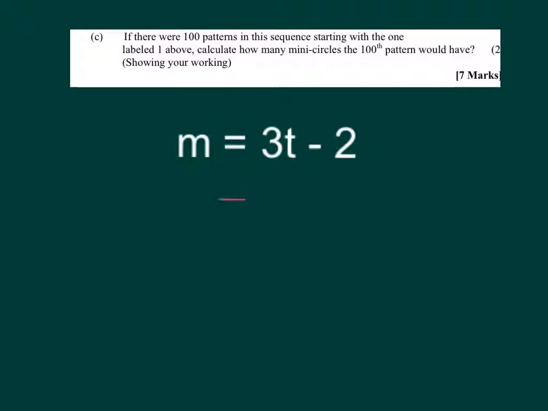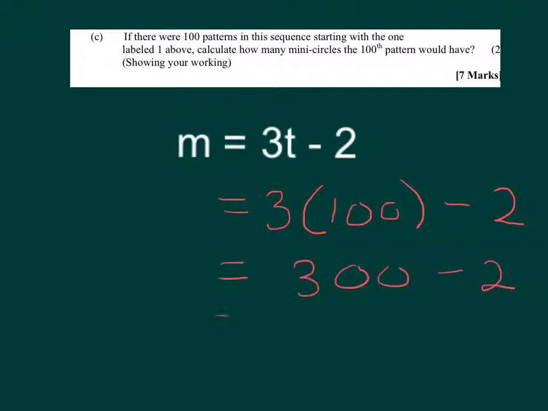M is equal to 3 times 100 minus 2. This gives us 300 minus 2, which is 298. So the 100th term will have 298 mini-circles.